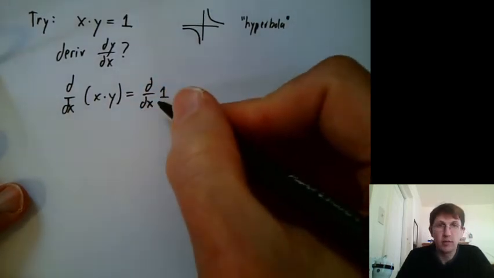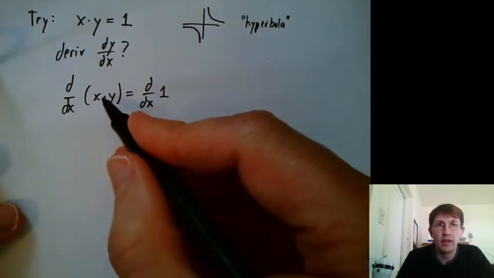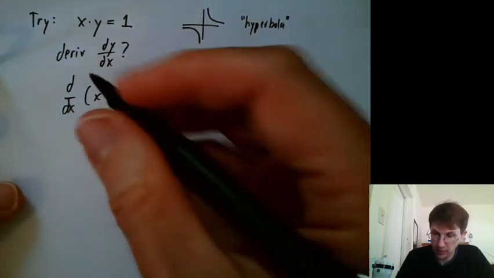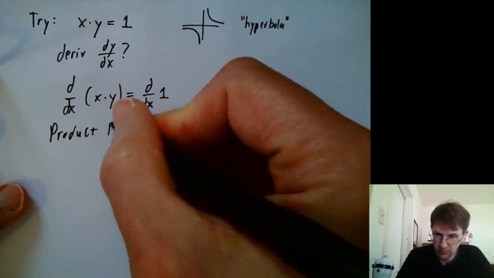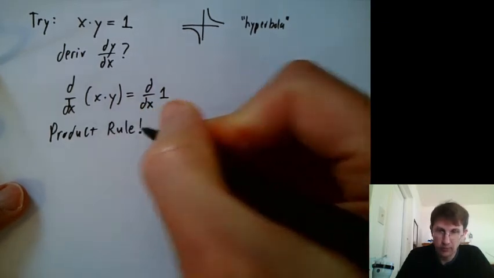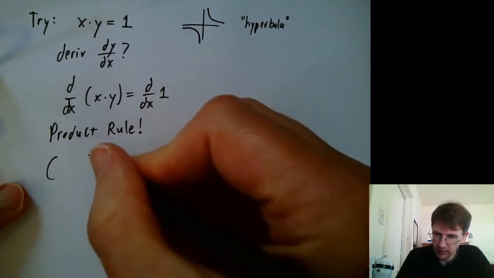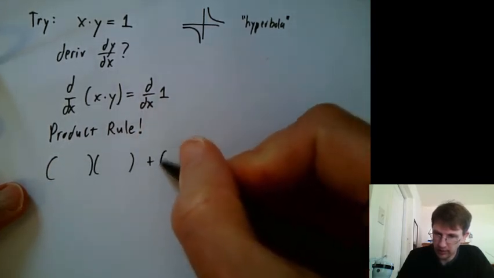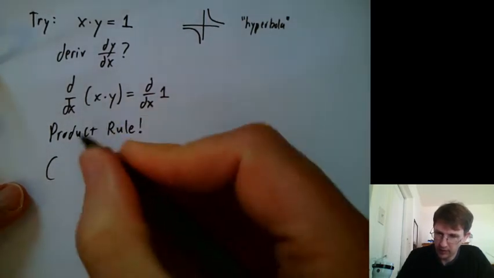This side is just going to be 0, derivative of a constant. This side is complicated because x depends on x and y depends on x, so I need the product rule. So what is the product rule? It's usually this derivative times the original here plus this original times the derivative here.